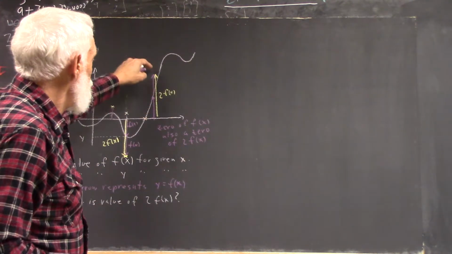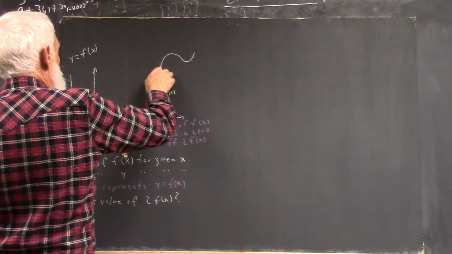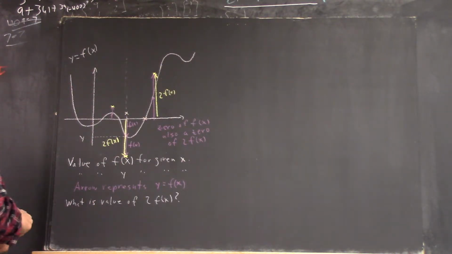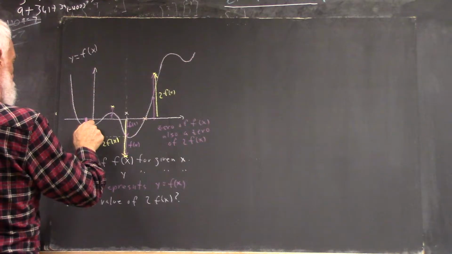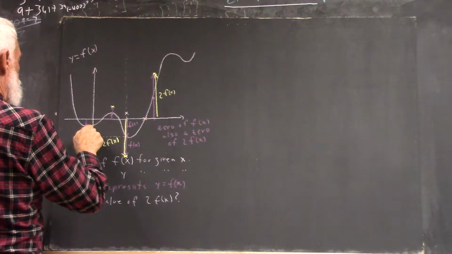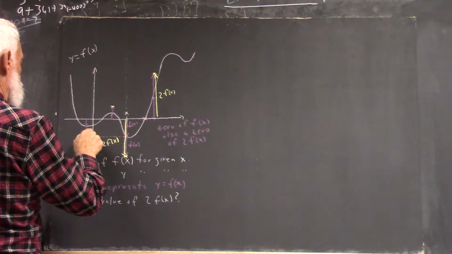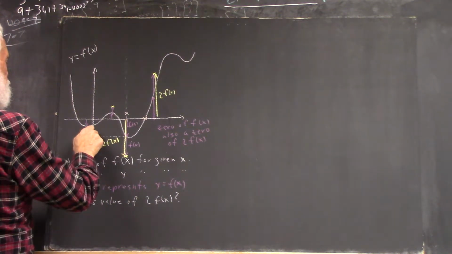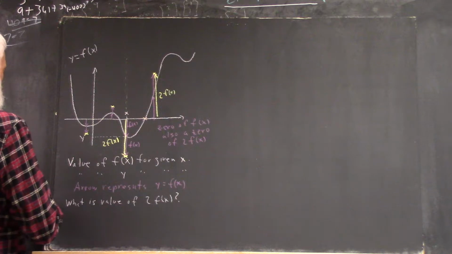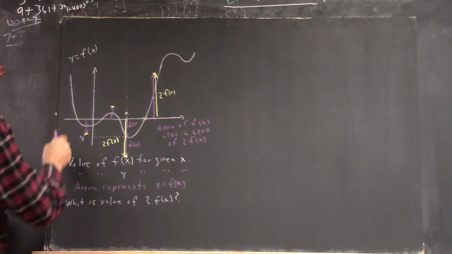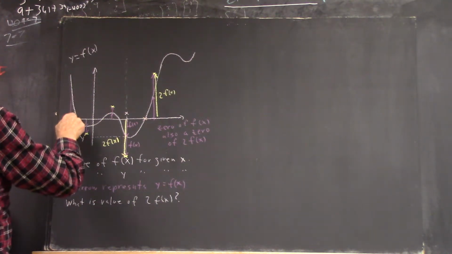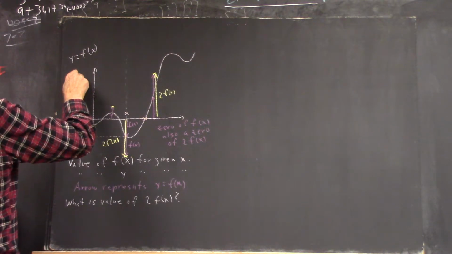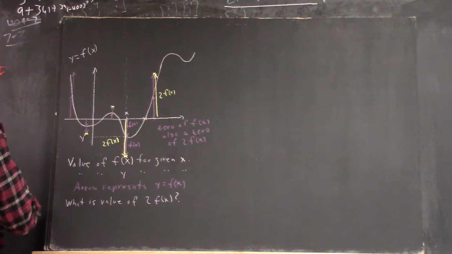This point up here is too, and I select what I consider to be representative points that are going to help me determine the shape of the graph of 2f of x. Okay, so I'll use this point, and I'll use a point here. And that might be sufficient to give us a trend.